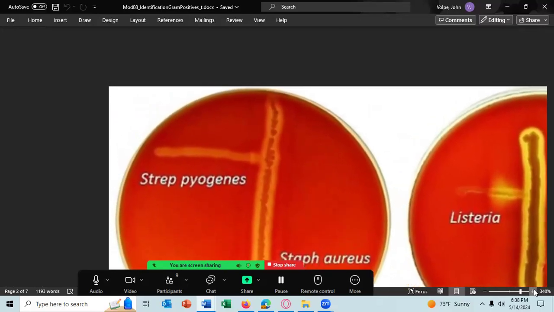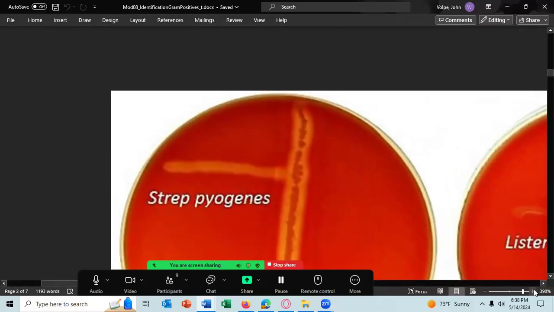Staphylococcus aureus is very easy to see because it grows very distinctly and very copiously. So we have the streak of bacteria shown here, and around it, the lighter area is the beta hemolysis from Staphylococcus aureus. On Streptococcus pyogenes, we have a very skinny streak here. Streptococcus pyogenes doesn't grow big colonies.